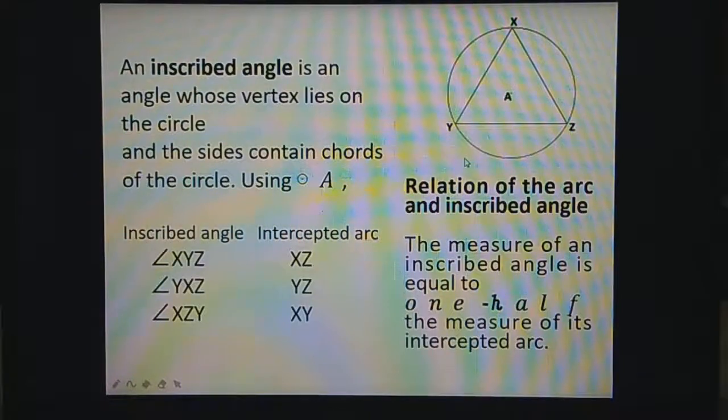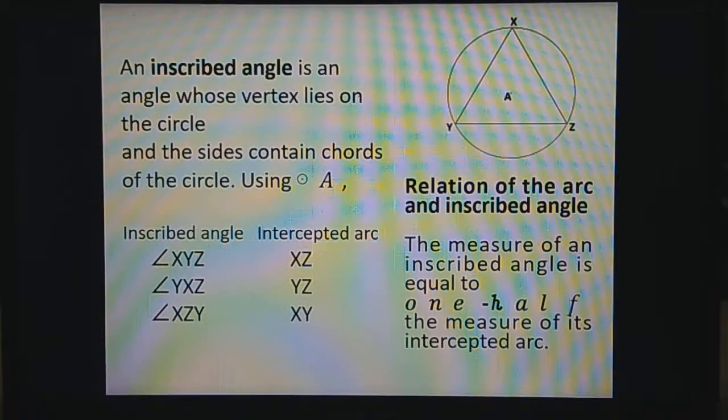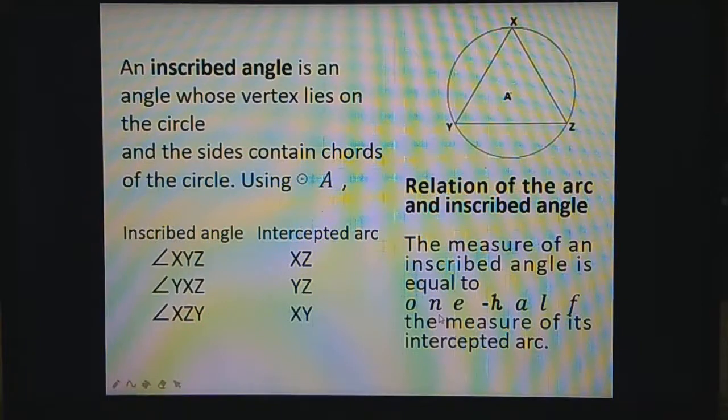So, ano naman ang relationship nung arc or yung intercepted arc na yan doon sa kani-kanilang mga intercepted arc? As stated here, the measure of an inscribed angle is equal to 1/2 the measure of its intercepted arc. So, 1/2. Kung yung central angle at intercepted arc ay equal, so dito, yung intercepted arc at saka yung inscribed angle, 1/2 ang ating relation.